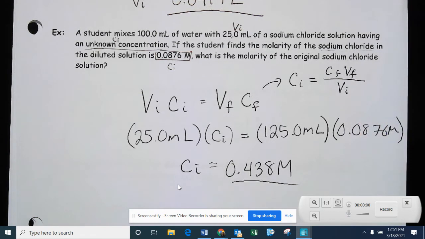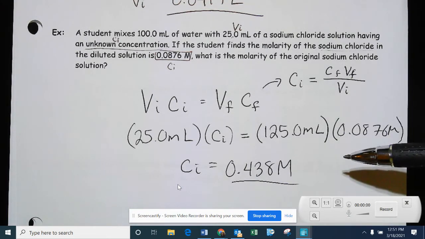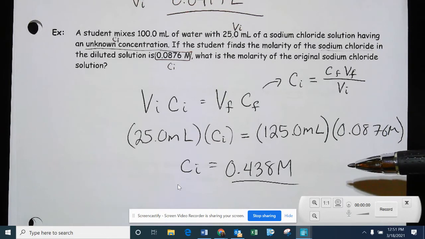So you can rearrange if you want to. I find these ones pretty easy to just plug and go. But depending on how your math brain works, you do you. Okay, any questions about that process? This section's a lot easier than the other stuff we did in this unit, hey? Or maybe not? No? Okay.